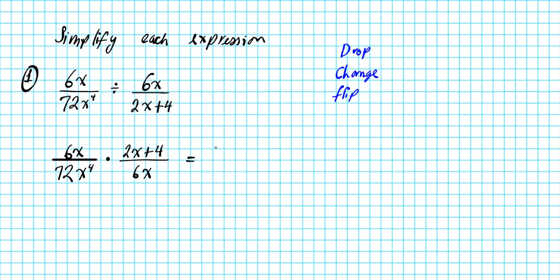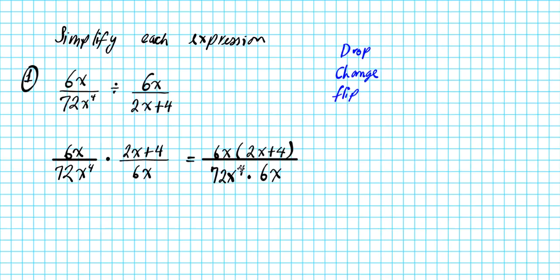Now what we're going to do is multiply horizontally. So we have 6x multiplied by 2x plus 4, divided by the denominator, which is 72x to the fourth multiplied by 6x.